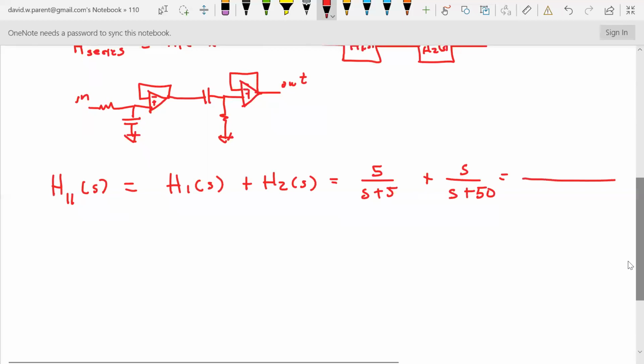And that's really not that hard. And I'm just going to keep the 2 roots there rather than multiplying the polynomial through. Right? So I'm going to have 5 times S plus 50 plus S times S plus 5.